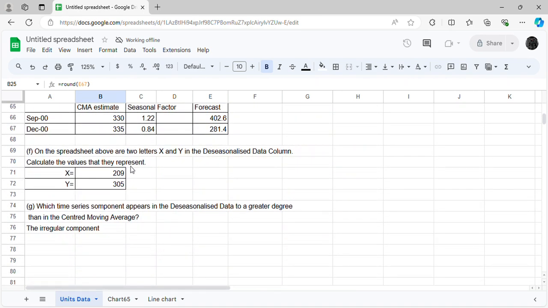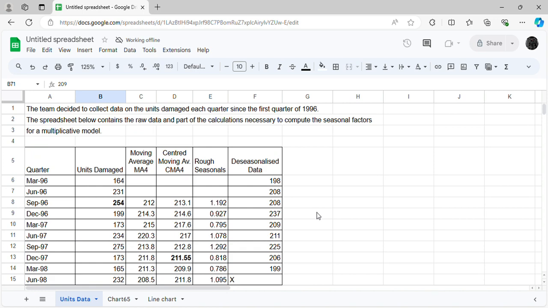On the spreadsheet above are the two letters X and Y in the deseasonalized data column. Calculate the values that they represent. Let's go to X. Now these values are the units damaged value divided by the seasonal index.